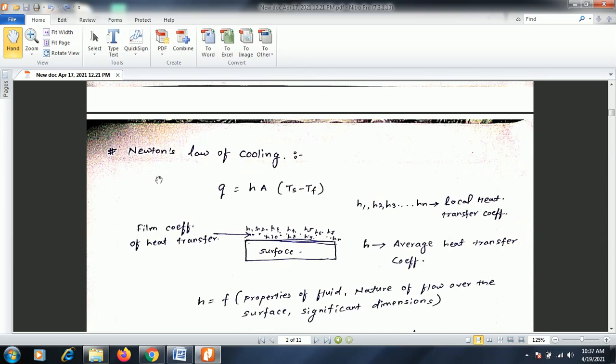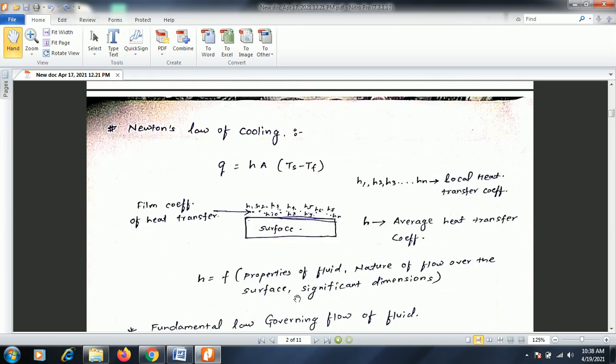Let us see the explanation for Newton's law of cooling. Q equal to hA (Ts minus Tf), where h is the heat transfer coefficient. Now this heat transfer coefficient is actually an average heat transfer coefficient. What happens when the film forms around the surface is that there exists a number of local heat transfer coefficients, namely h1, h2, h3, h4 up to hn over the surface.